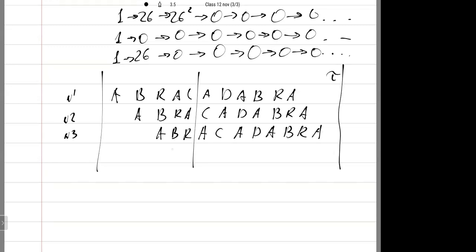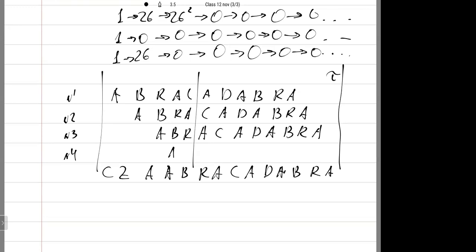This guy is number 4. And the monkey types A, B, R, A, ... this is guy number 4, Abra. Okay, this is tau.